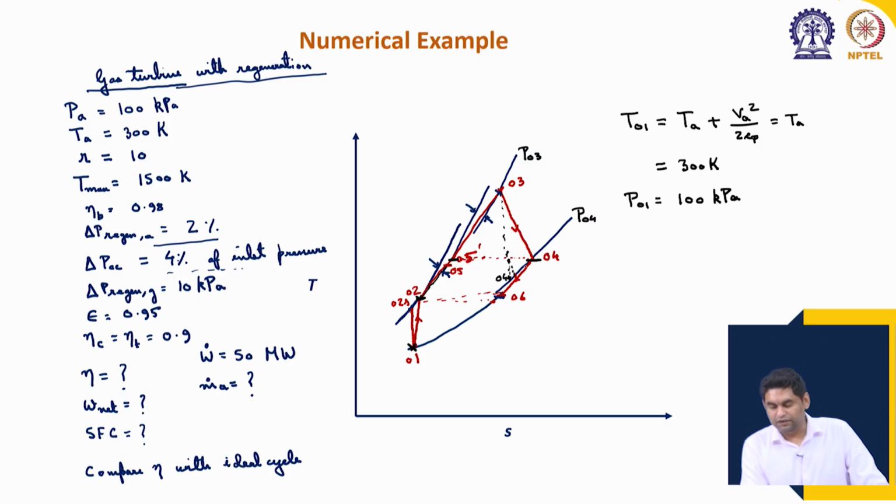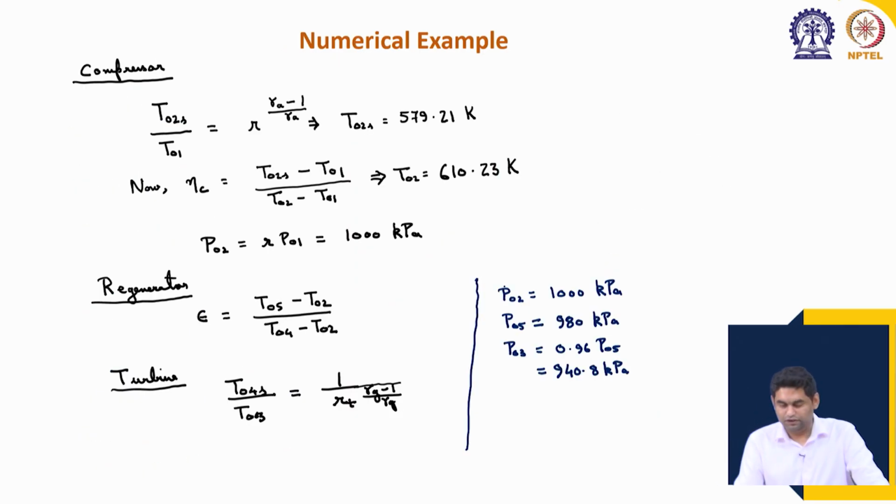So, because of losses, the pressure at the inlet of the regenerator has to be slightly higher, which means that the turbine outlet pressure P04 needs to be slightly higher than P01, and that difference is equal to the losses in the regenerator.